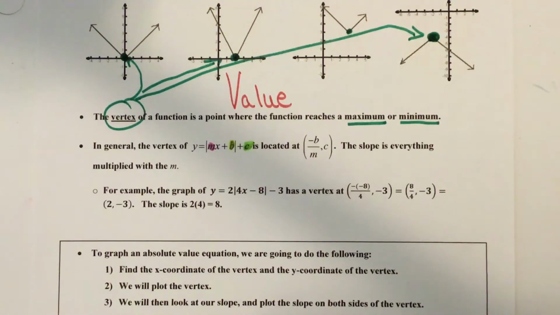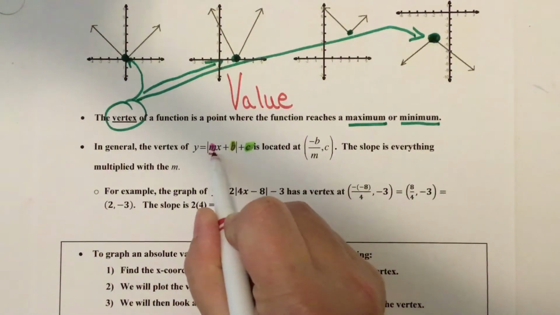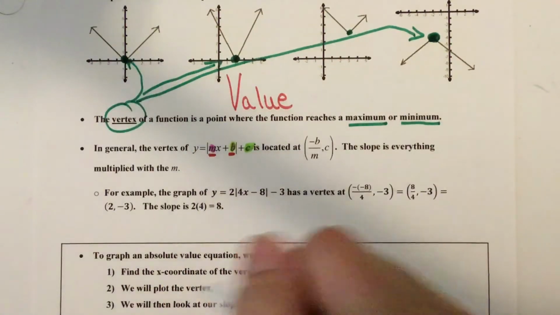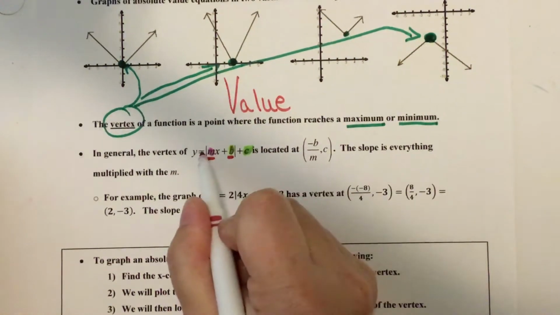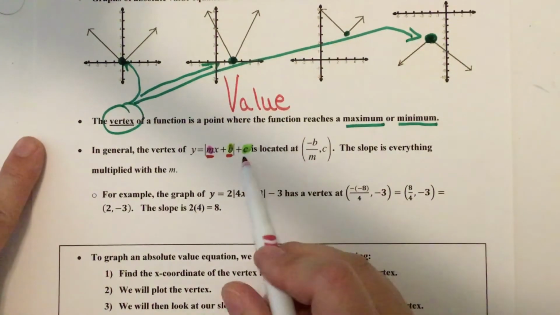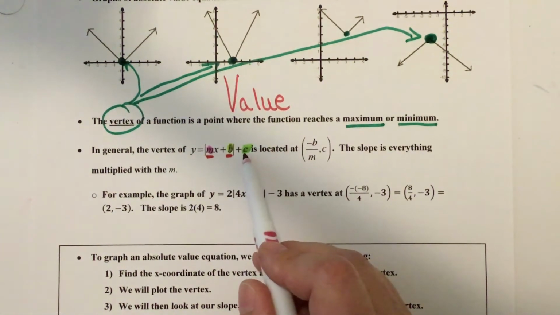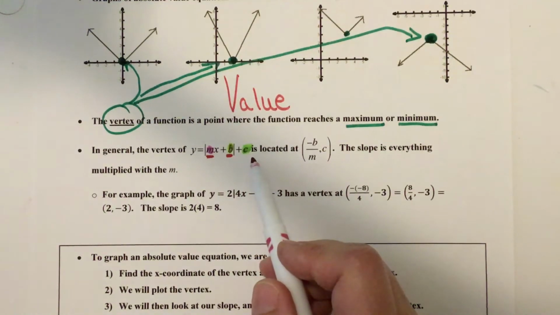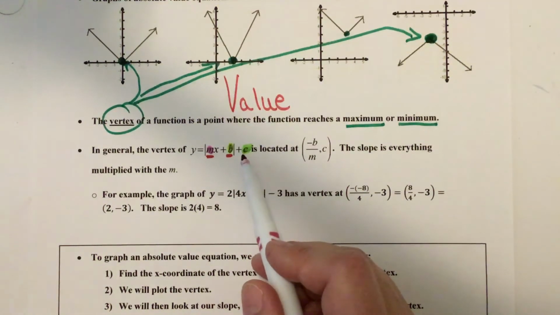One thing I really want to stress is M and B are inside those absolute value bars, so do not look on the outside for your M or for your B. C is going to be the only guy on the outside, and C will be what's added or subtracted. It won't be something multiplied, it'll be something added or subtracted.